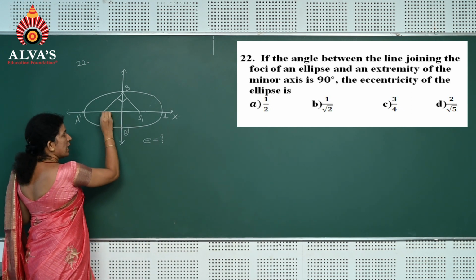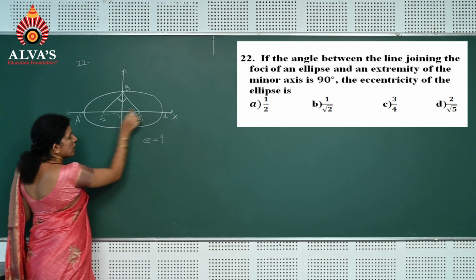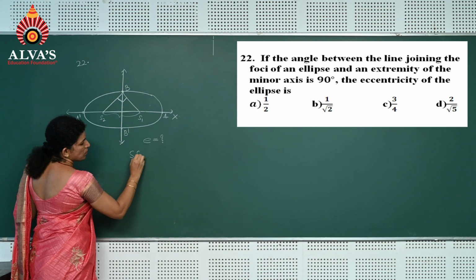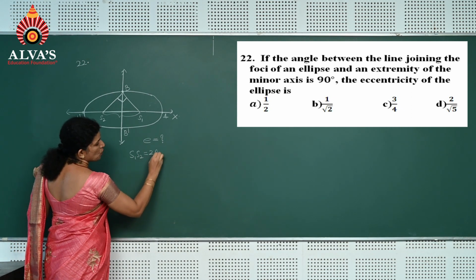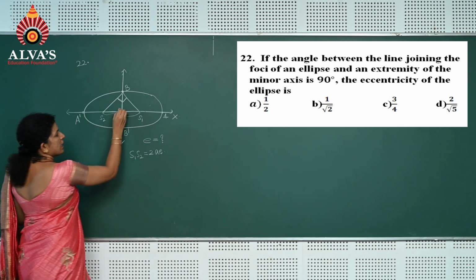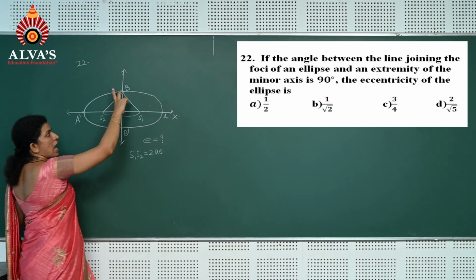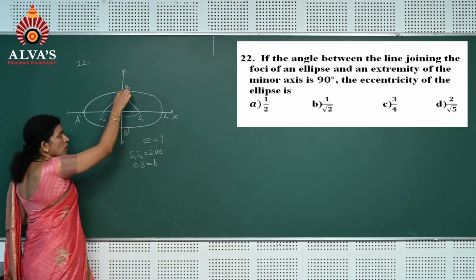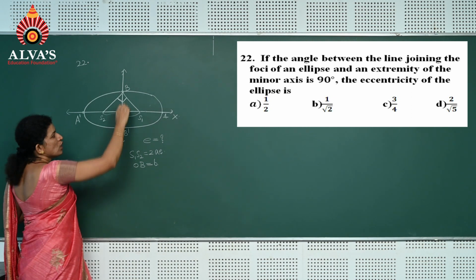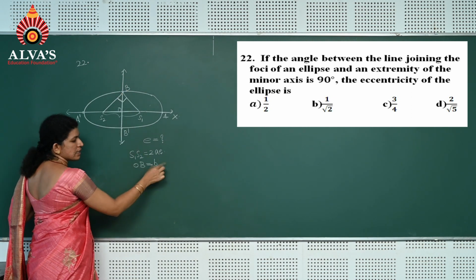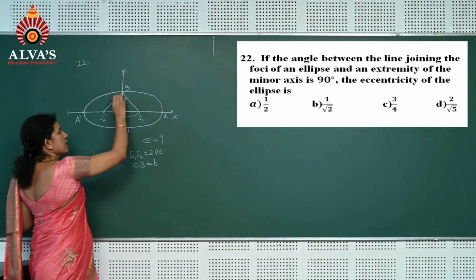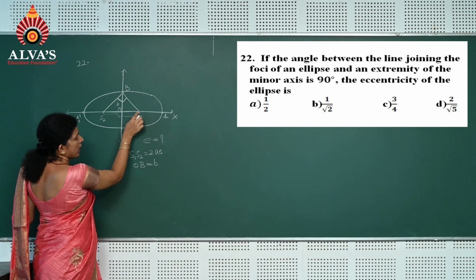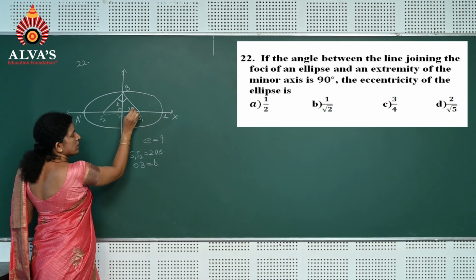Here S1 and S2, this is the distance between the foci. We know the distance between the foci is 2AE, and this is the center of the ellipse, and the OB length is equal to B, because we know the length of the minor axis is 2B, so this is the semi minor axis, its length is B. This length is B and this total length is 2AE, so this is nothing but AE.